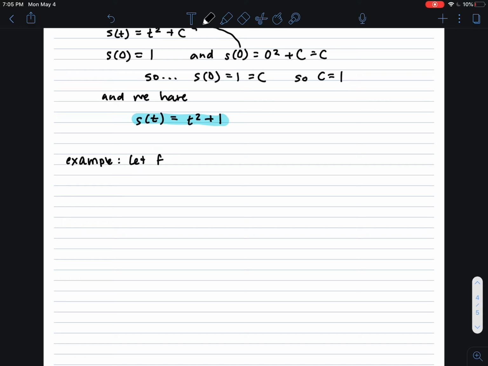We're going to let f of x be the antiderivative of some capital F of x, which is going to be 3x squared plus 2x plus 1. And I'll write my little f a little curly this time so that you can tell the difference. We're going to let little f of 2 be 3.